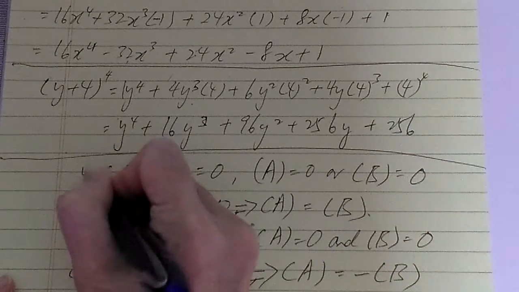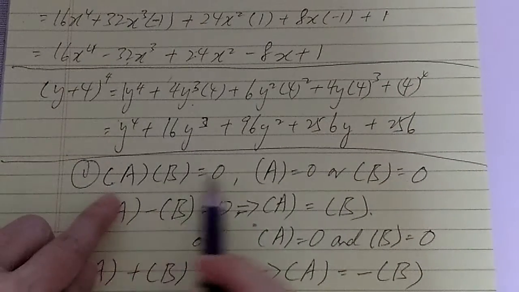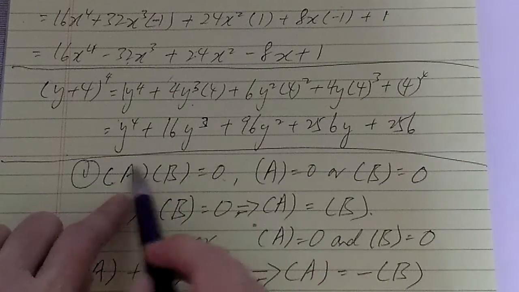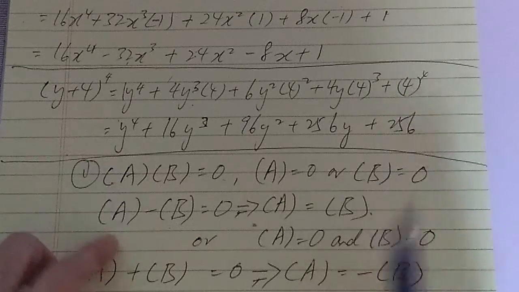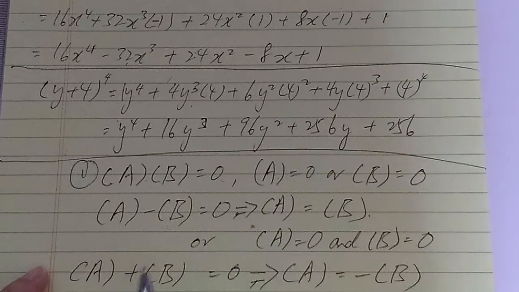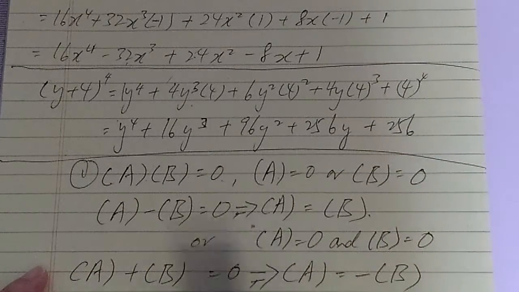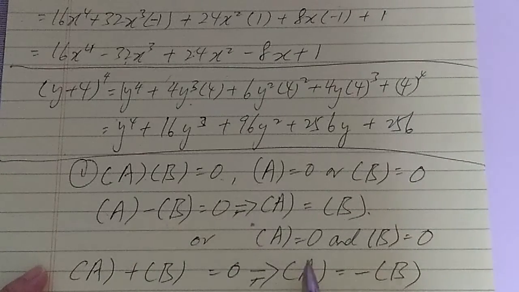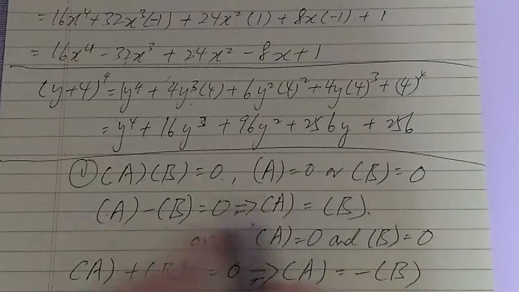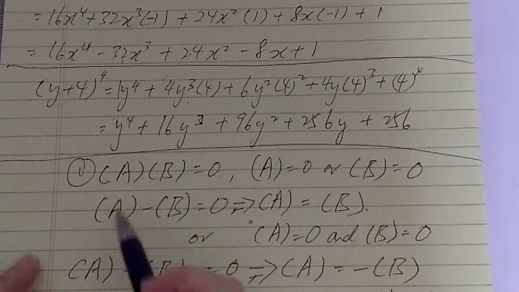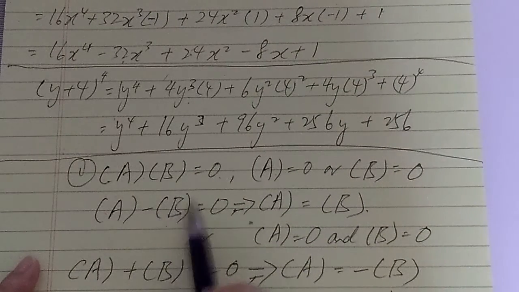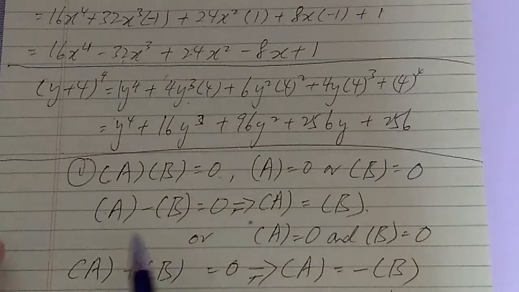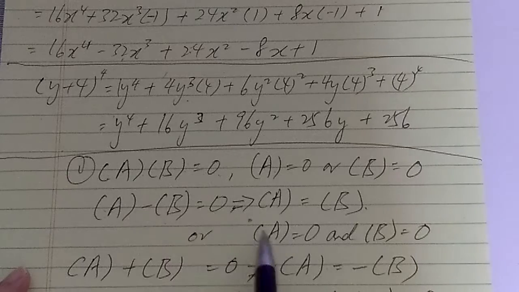So this is one way, if we face a bracket multiplied by a bracket equals 0: A equals 0 or B equals 0. But if something minus something equals 0, that means these two must be the same. A must equal B in order to get 0. If A is a very complicated term, we try to make life easy and let it equal 0.